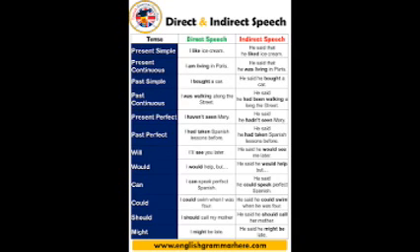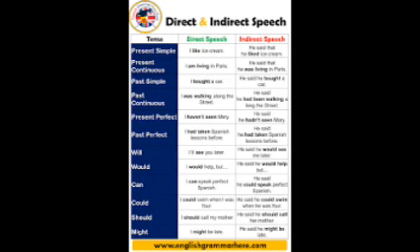The tense of the verb in the reported speech is in the past tense. However, if the verb in the reported speech is stating a universal truth, a habit, a constant situation, the tense of the verb does not change. For example, the boy said, "I brush my teeth every day."